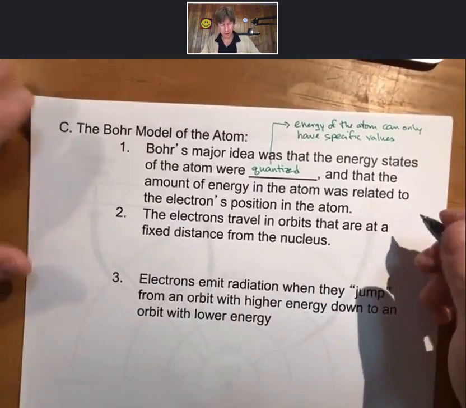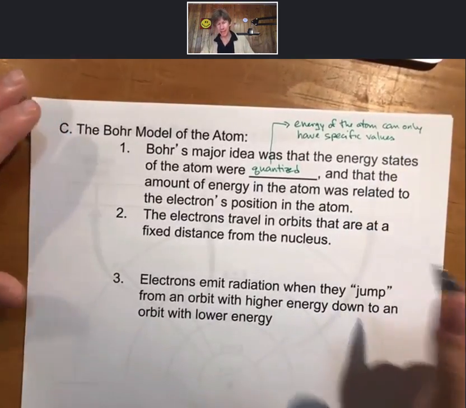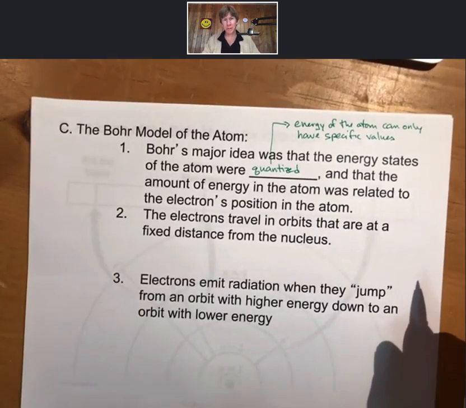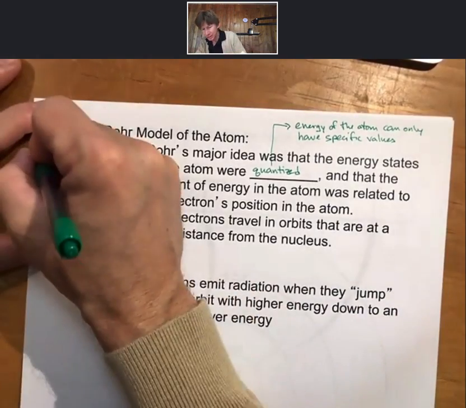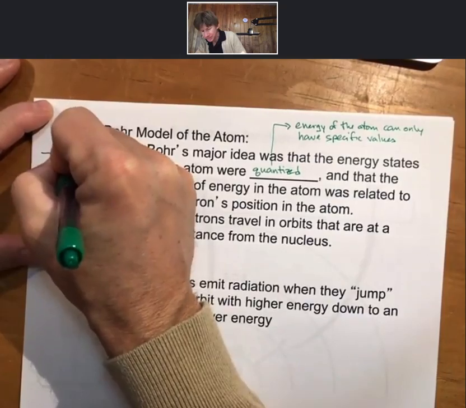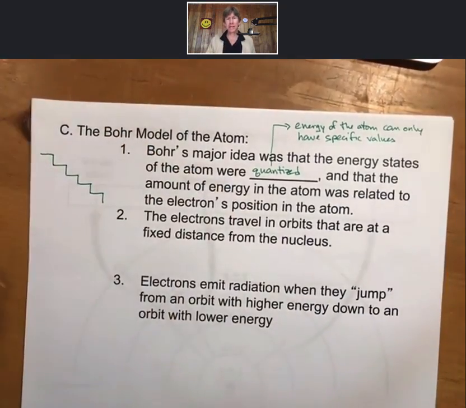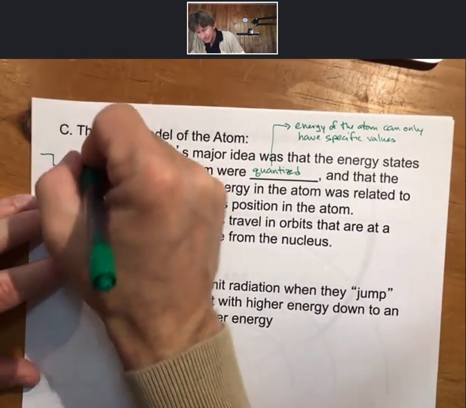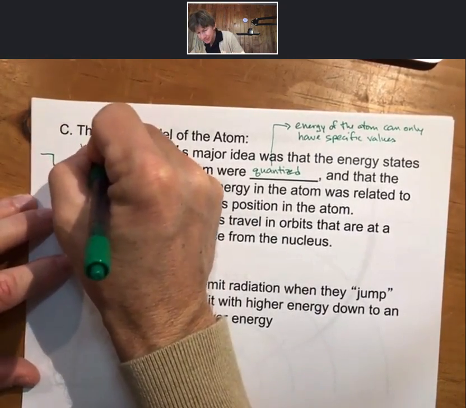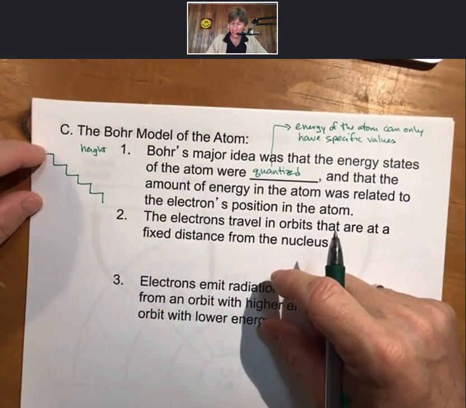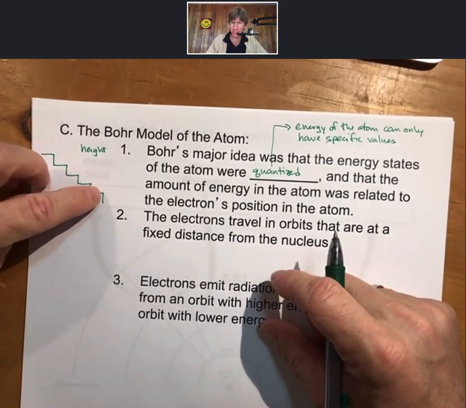Not any value. And as a bit of an analogy, not a perfect one, but hopefully this makes the point. If you think about going up and down a set of stairs, your height can more or less only have specific values as your foot or feet land on each step.